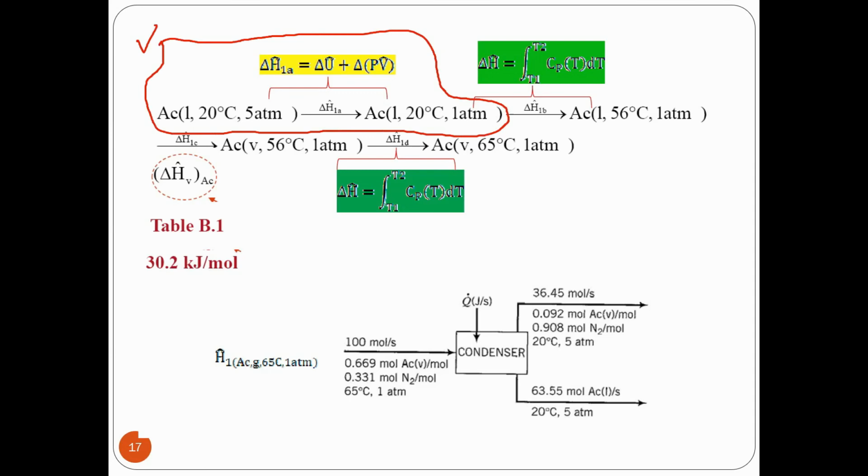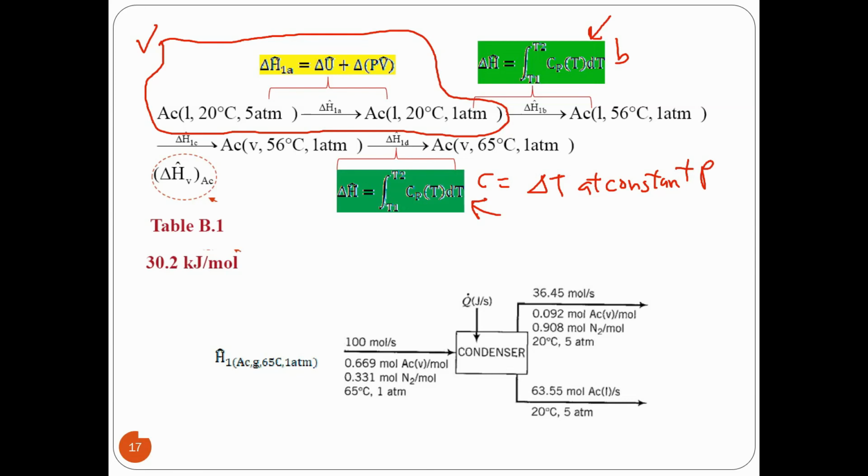So at step B and step C, the change that occurs is a change in temperature at constant pressure. So we are going to apply the heat capacity at different temperatures. You can refer to the green box. As for step C, there's a change of phase, from the liquid to the vapor.